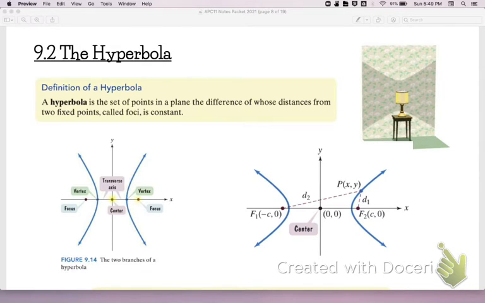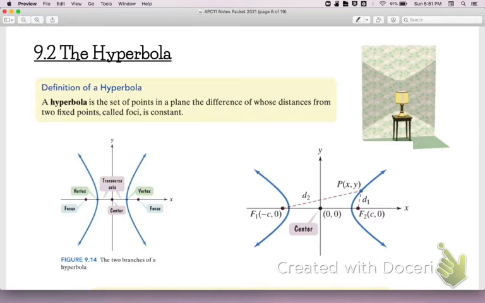These have two foci, which are always inside the little barrel of the branch. The vertices are where the bottoms of the branches are, the turning points of the branches. The axis in between the two vertices is called the transverse axis. Those are some of the things we want to know.